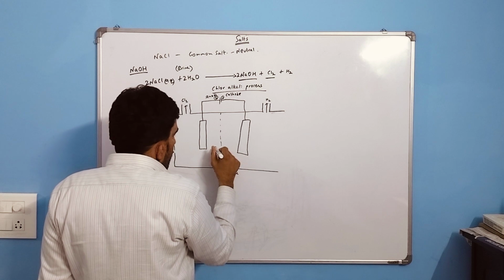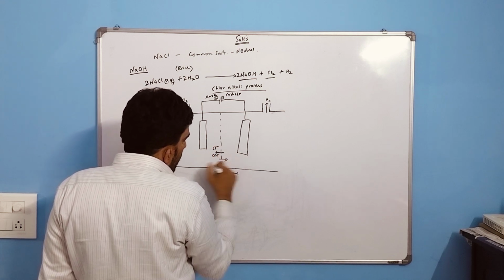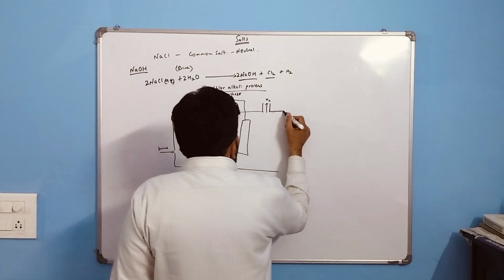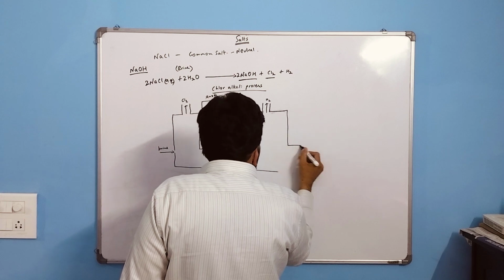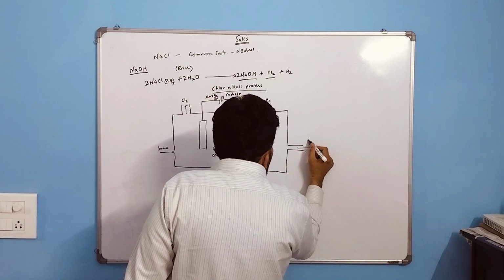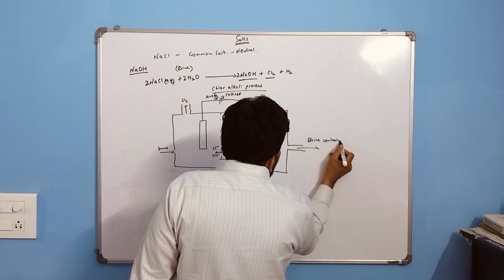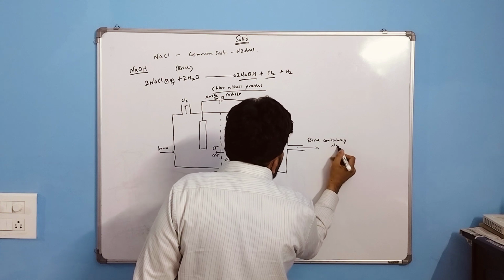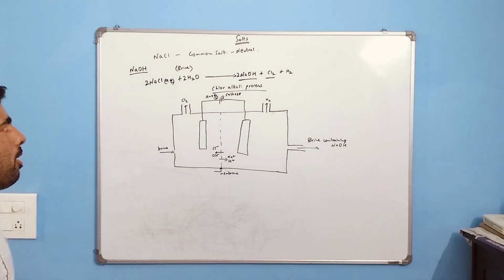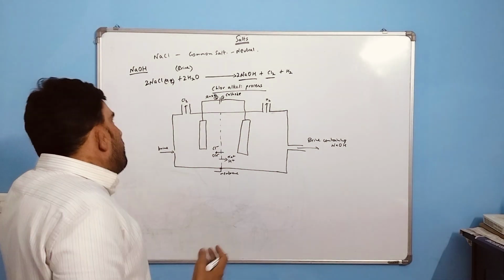Here Cl negative and OH negative ions, and here H plus and Na plus. This solution is called brine, containing NaOH, when electricity is passed through an aqueous solution of sodium chloride.